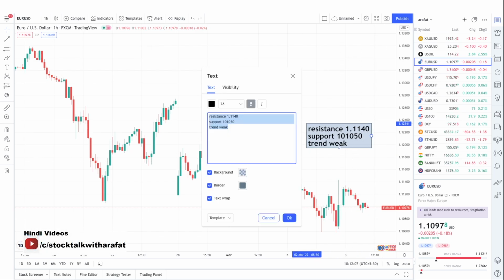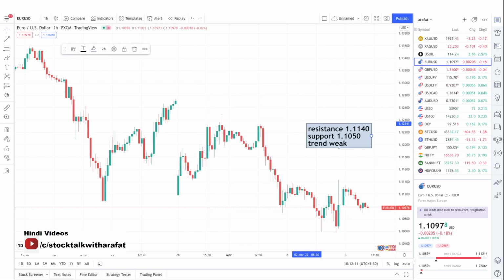Support at 1050. If euro breaks and sustains below this support, then expect fresh selling up to 1020, and it could also break further. Resistance at 1140. Above this resistance, expect mild recovery up to 1180 and 1220. Currently, euro is trading in a weak zone, so trade accordingly.